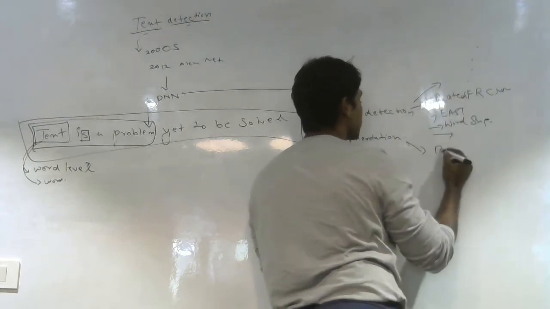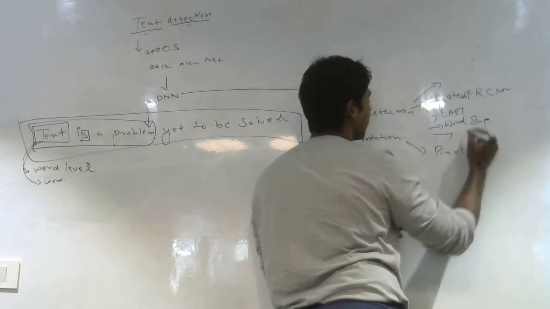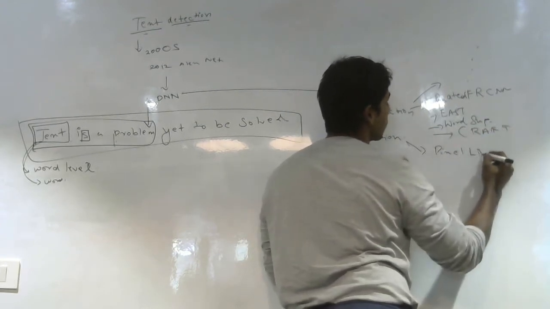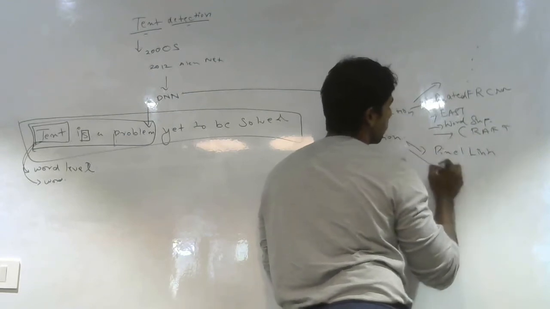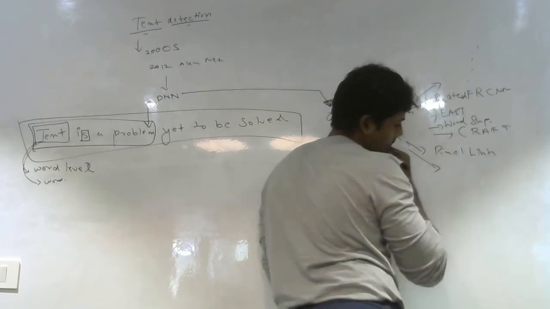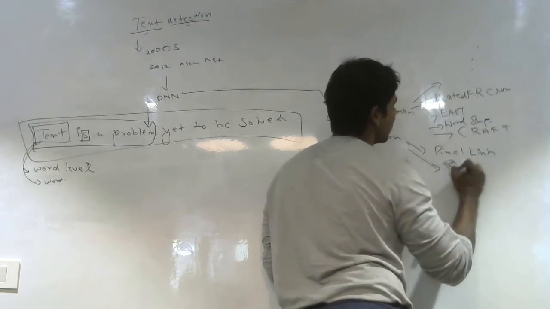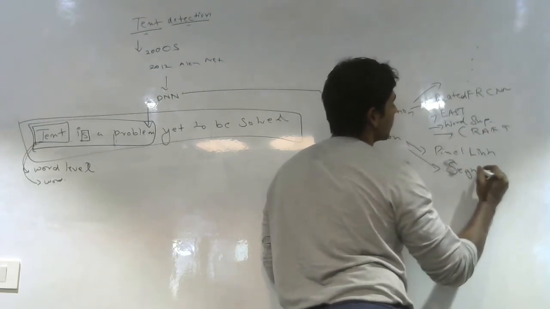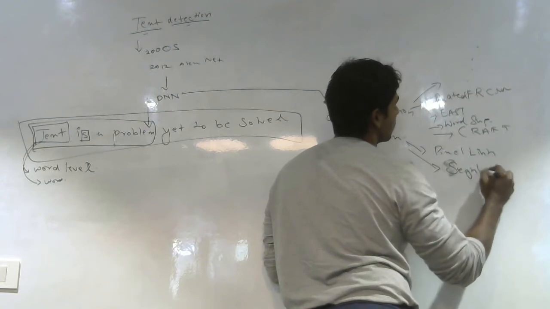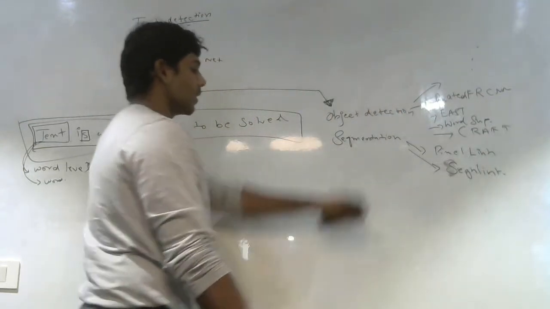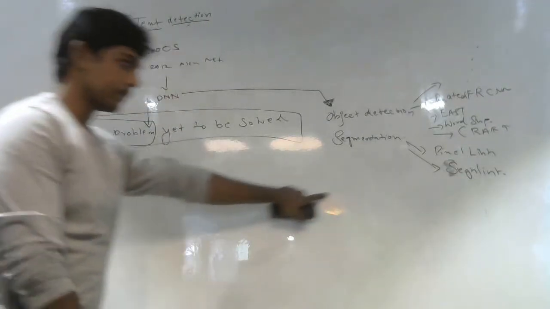For segmentation, there is PixelLink, Link for graph, and PixelLink. Whatever has linking there is actually part of segmentation.